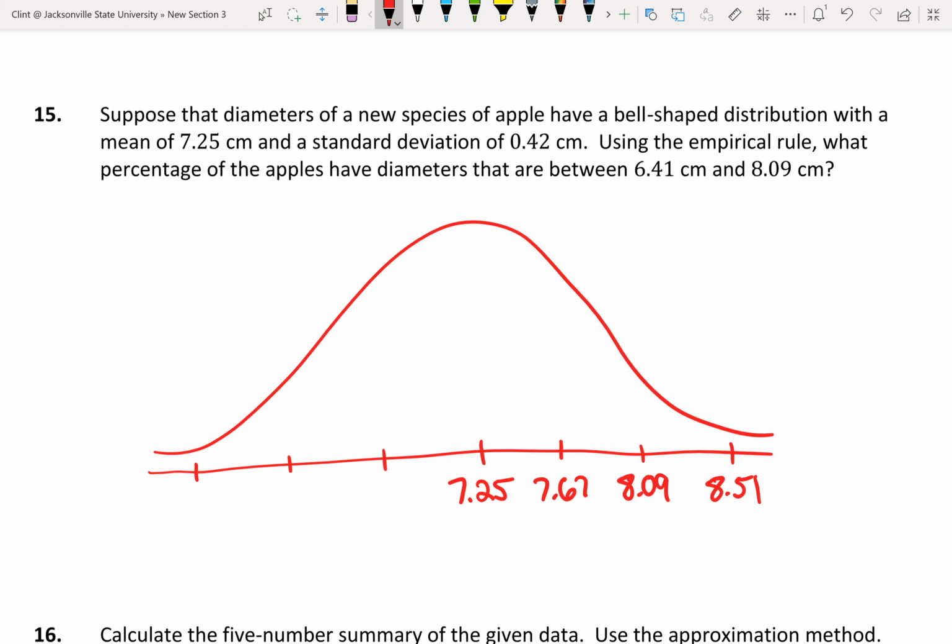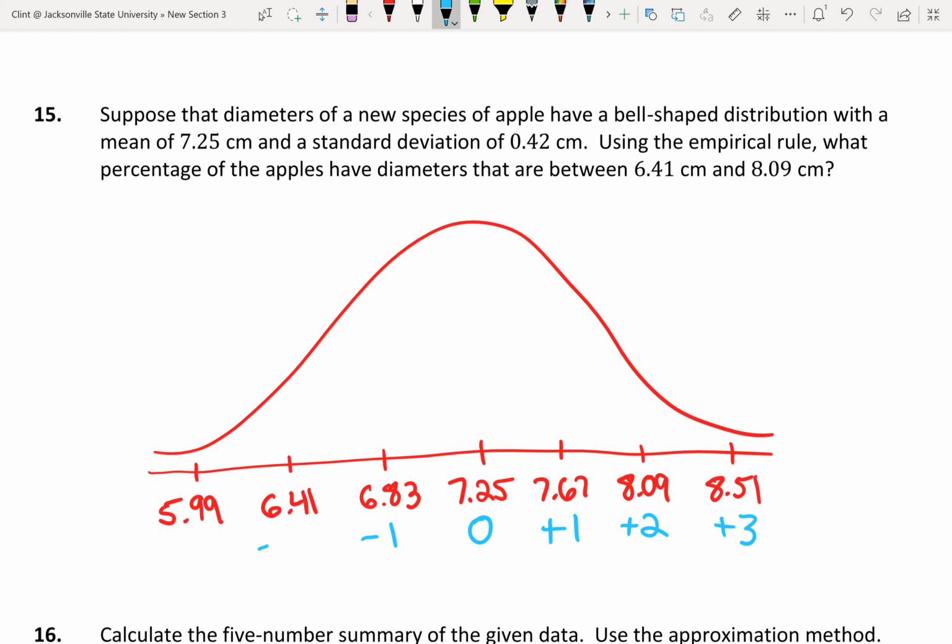Now I'm going to take 7.25 minus 0.42. I get 6.83, minus 0.42 again, I get 6.41, minus 0.42 again, I get 5.99. So here's my mean. This is 1 above, 2 above, 3 above.